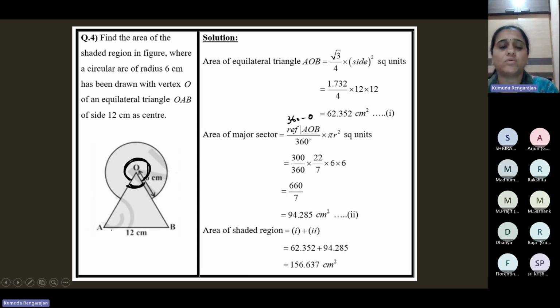A reflex angle is an angle whose measure is more than 180 degrees but less than 360 degrees. So you can write this also: reflex of angle AOB divided by 360 into pi r square.